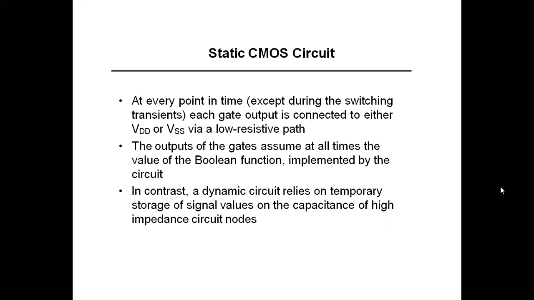So these are some characteristics for which you can say these are static CMOS circuits. First, at every point, each gate output is connected to either VDD or VSS. Second, the output of gates assumes at all times the value of a Boolean function, the different Boolean functions that we use with De Morgan's theorem and so on. So the output of every gate at any time is a Boolean function, which means it is not any random or discrete value.